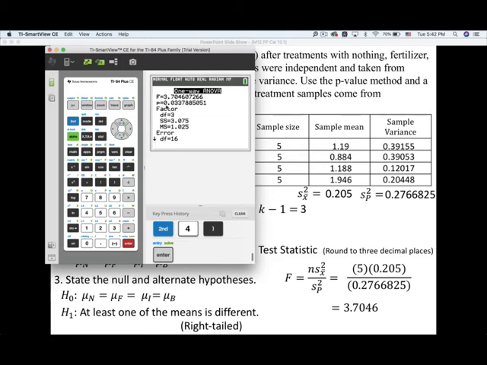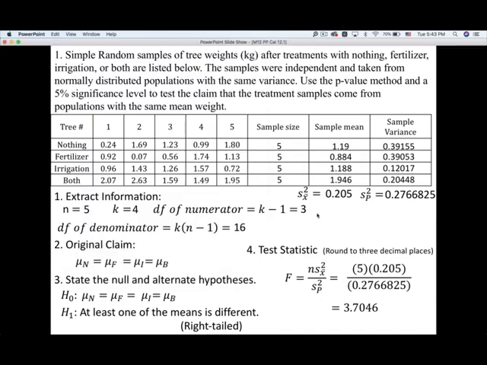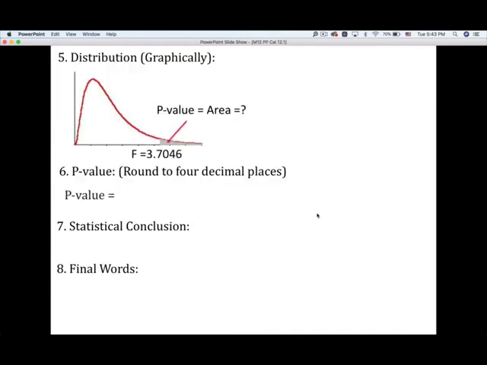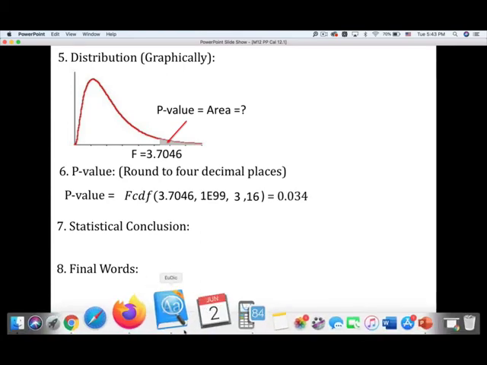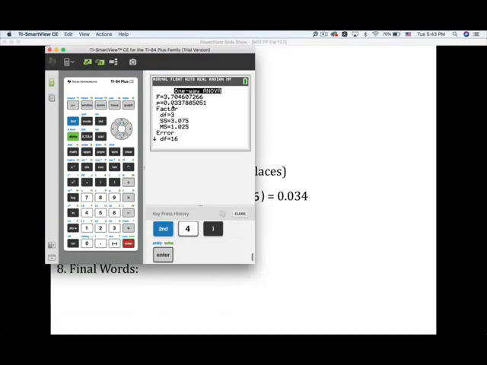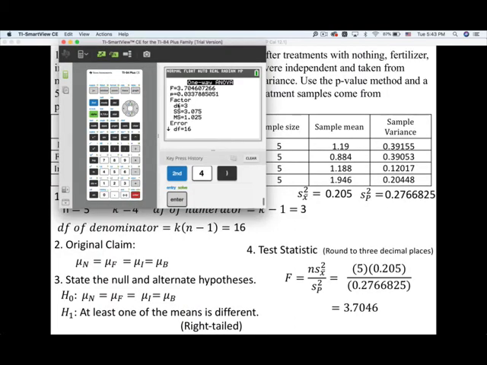Okay, you're gonna see the first number here, the F. This is gonna be your test statistic, 3.7046. And then the P here, this is talking about the P value. Okay, let me show you guys the P value. 0.034, okay, 0.034. You also see there's a factor, there's a degree of freedom.